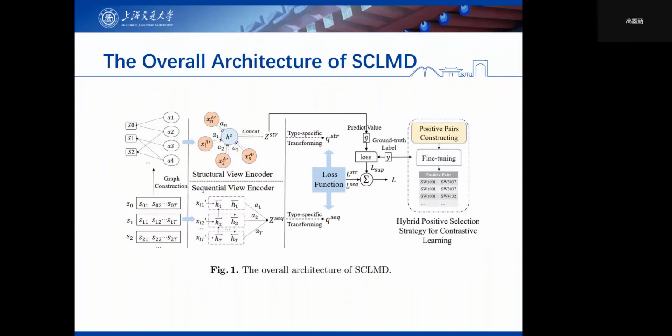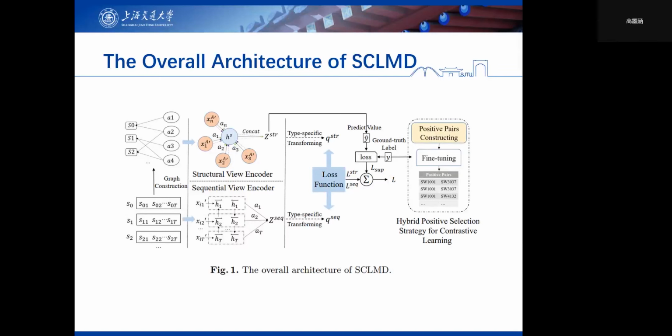Since different API may show different importance to software in the graph, a structural view encoder is proposed to learn the structural feature of software on the heterogeneous network. At the same time, in order to utilize the rich sequential properties, a sequential view encoder is designed to extract the sequential features of the software.